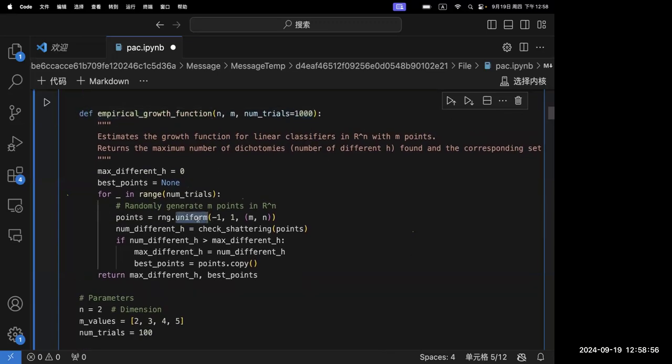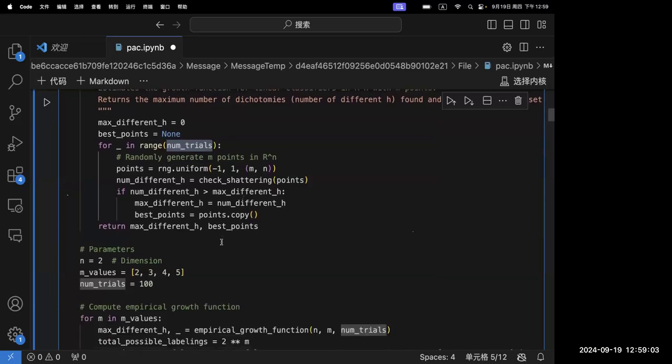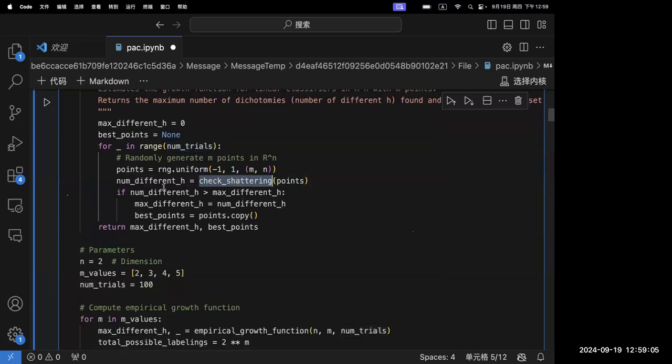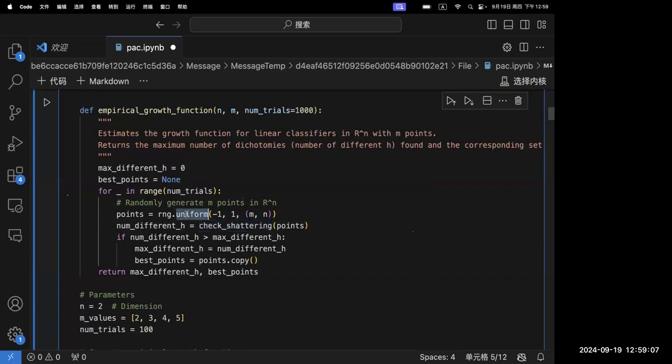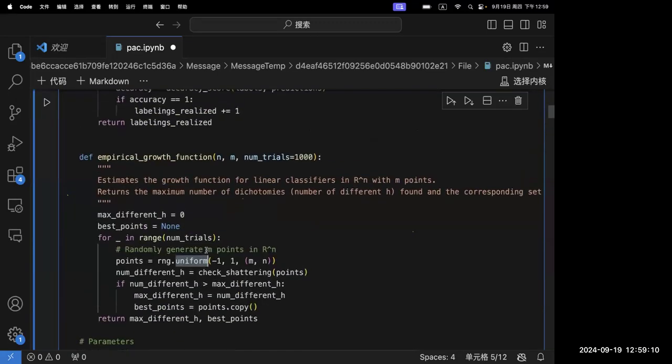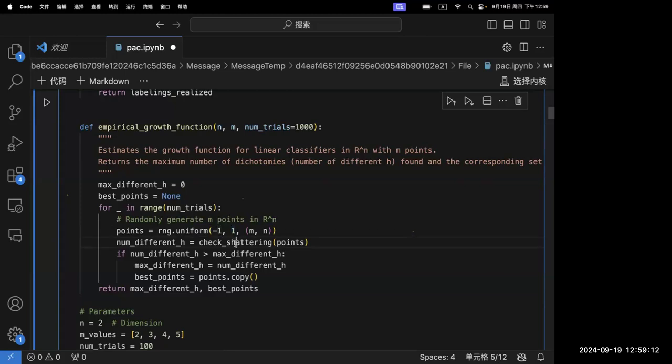If we have 1,000 trials, we will see 1,000 different ways to arrange these data points, and for every arrangement, we will check if this set of data points can be shattered. So this is the first step: we make random placements of the data points based on a given set, and knowing these data points, we can check if they can be shattered.